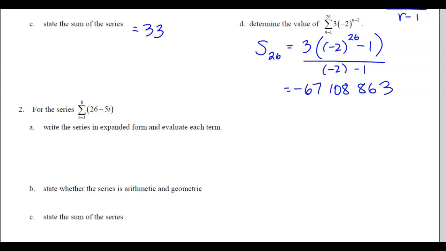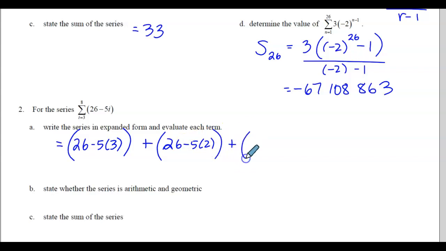It says write the series in expanded form and evaluate each term. So here, the first term is going to be when I is 3. Then your second term is when I is 4, then 5 is the next one.